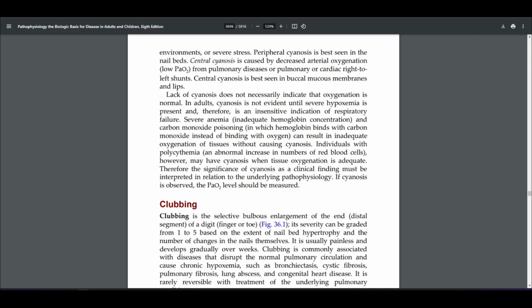Individuals with polycythemia, an abnormal increase in the number of red blood cells, however, may have cyanosis when tissue oxygenation is adequate. Therefore, the significance of cyanosis as a clinical finding must be interpreted in relation to the underlying pathophysiology. If cyanosis is observed, a PaO2 level should be measured.